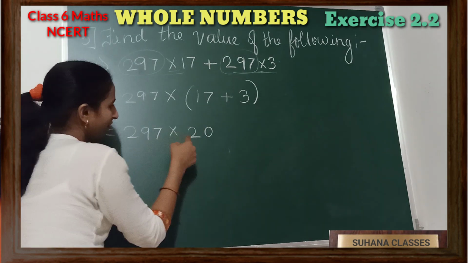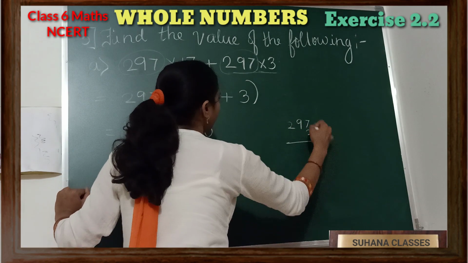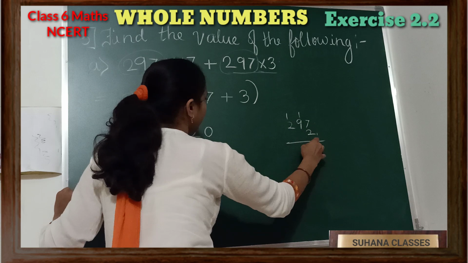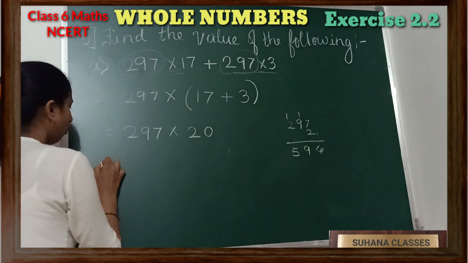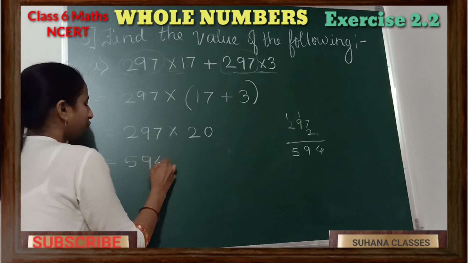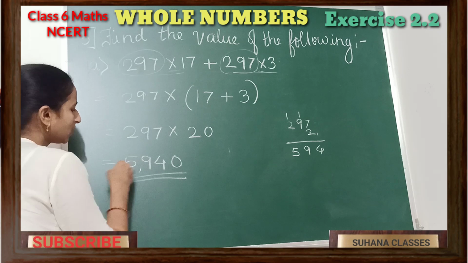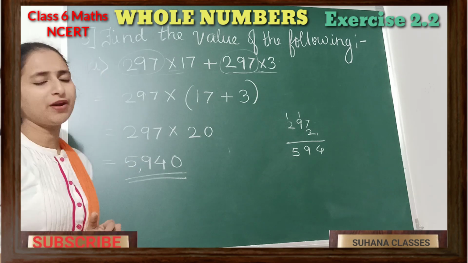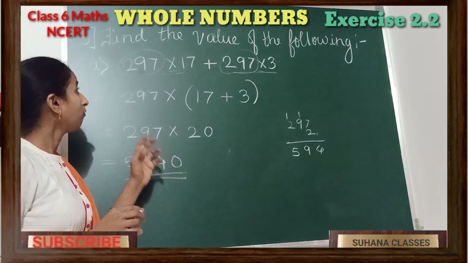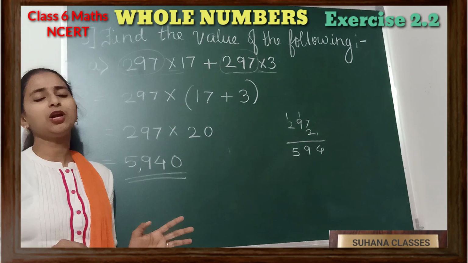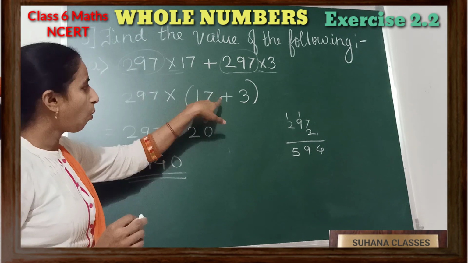Just do 297 into 2. 2 times 7 is 14, 1 carry; 2 times 9 is 18, plus 1 is 19; 2 times 2 is 4, plus 1 is 5. So 594, and this 0, bring it as it is. So my answer is 5940. This is the solution for part A of question 3, and we did it by using the distributive property of multiplication over addition.